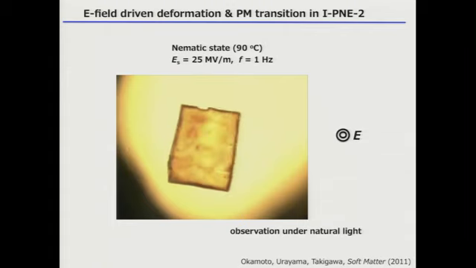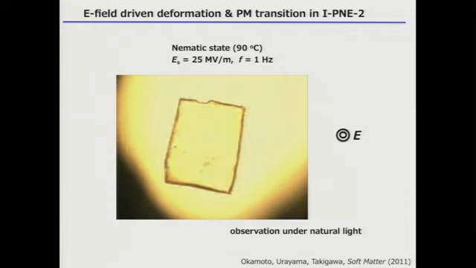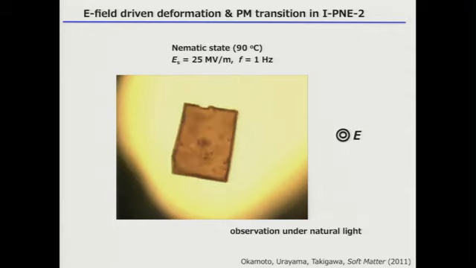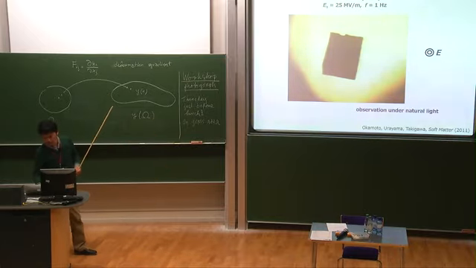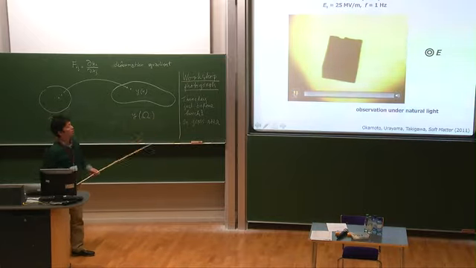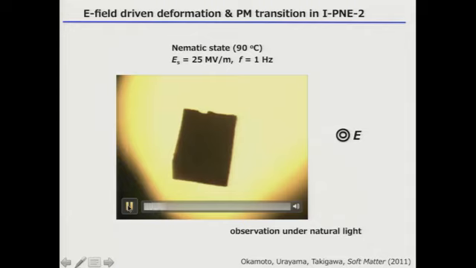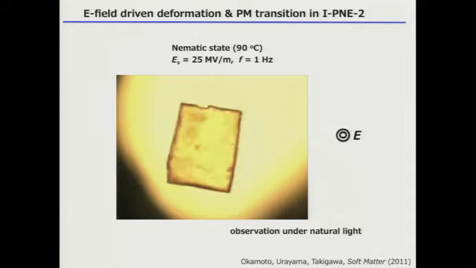Now the elastomer expands in the plane normal to the field axis. The sample also becomes transparent, which indicates the directors are oriented to the field direction. Now we remove the field, and the sample returns to the original dimensions. I repeat the movie. The sample shows an oscillating strain, and this frequency is double the field frequency.